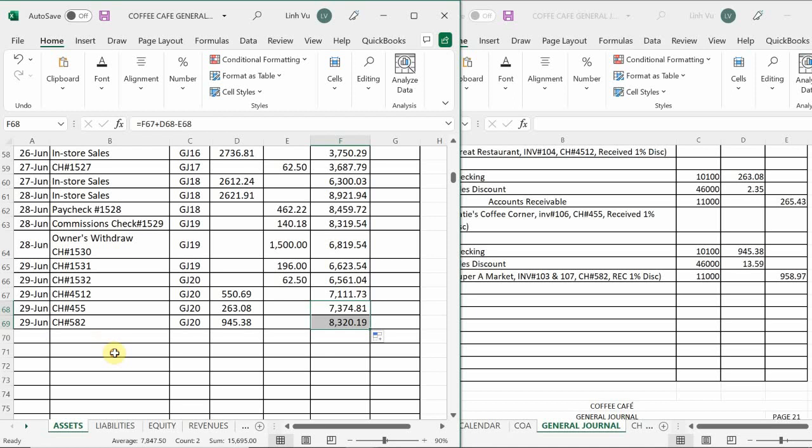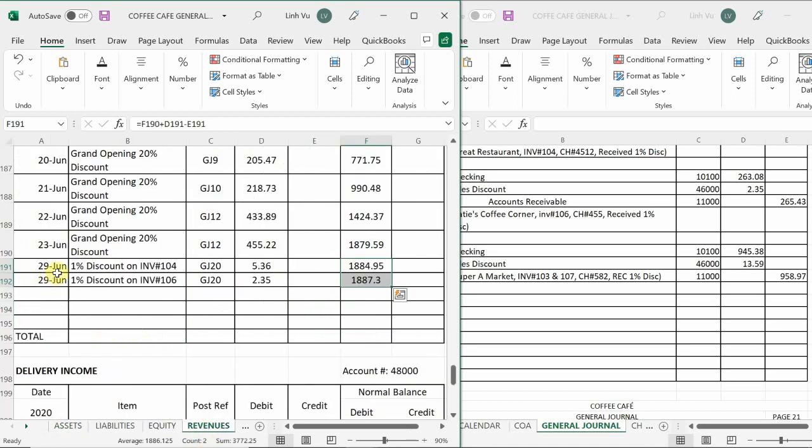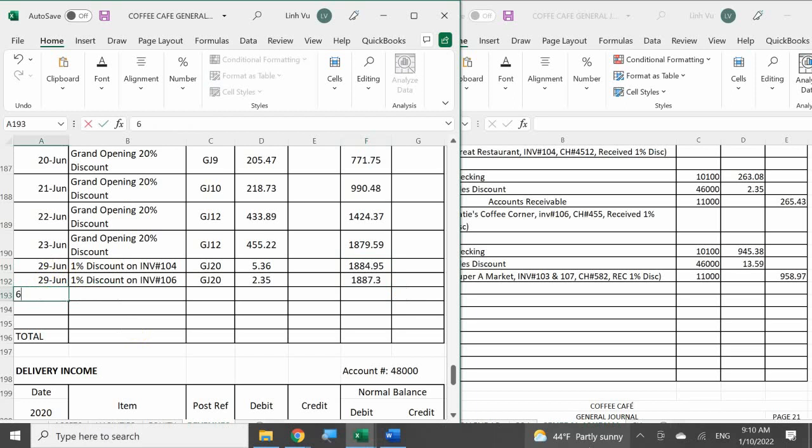Good. Sales discount. 1% discount on invoice number 103 and 107.